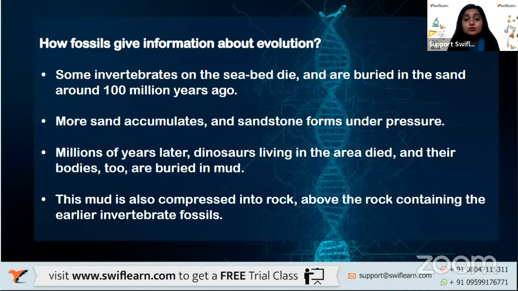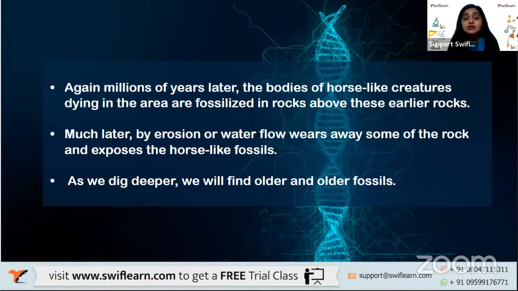This mud is also compressed into rock above the rock containing the earlier invertebrate fossils, right? Again, millions of years later, the bodies of horse-like creatures dying in the area are fossilized in rocks above these earlier rocks. Much later, by erosion of water flow wears away some of the rocks and exposes the horse-like fossils.